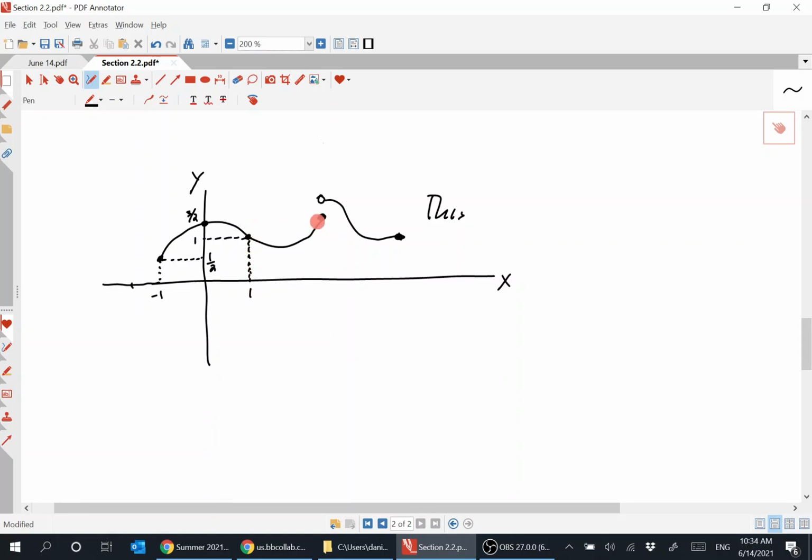And then let's take a look at these points here. So let me make this a little bit higher. So we'll say that's x equal to 3.